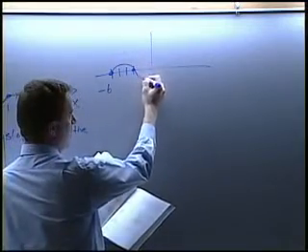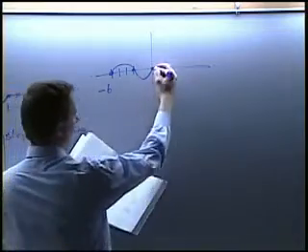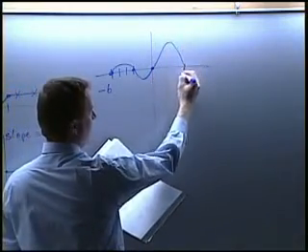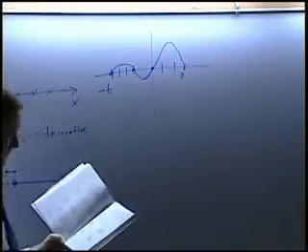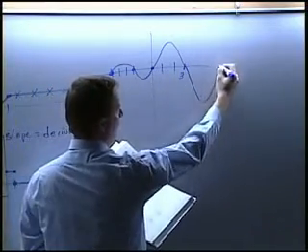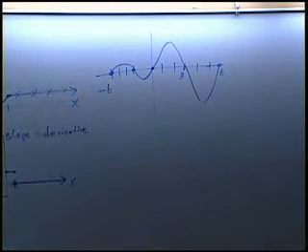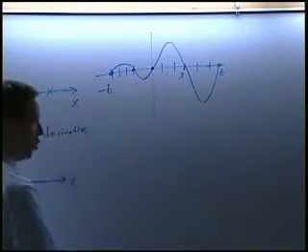Then it goes down and comes back through 0. And then up and back down through x equals 3. And then pretty far down before it comes back up here at x equals 6. So we just get kind of a wavy function here. What will the graph of this one's slope look like?